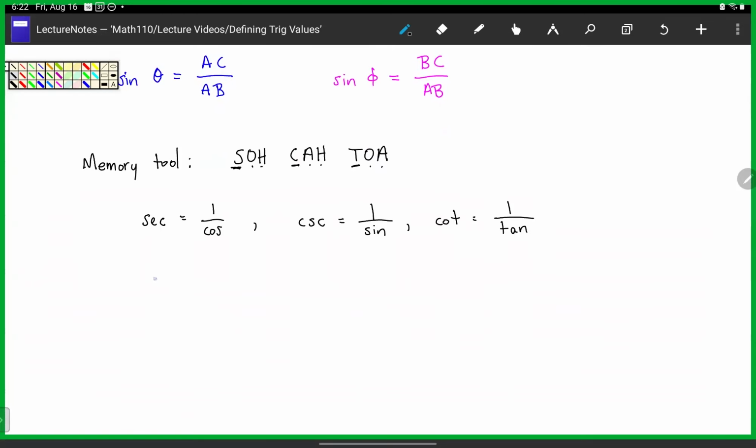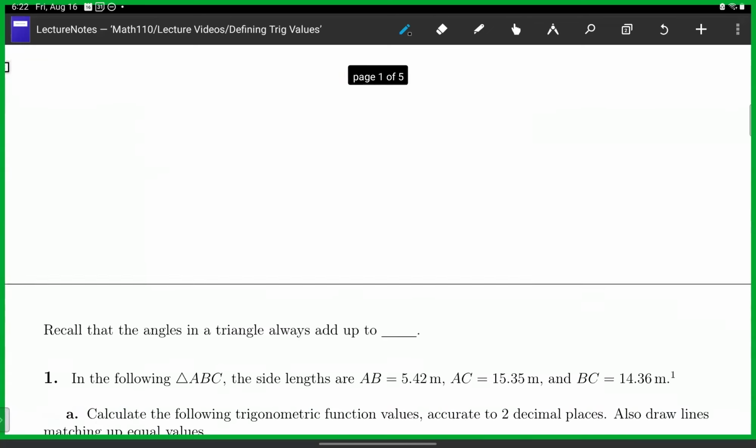So we also have tangent is sine divided by cosine. So these are a few things that are good to remember about relationships between the functions themselves and also the definitions of the three basic functions. All right.